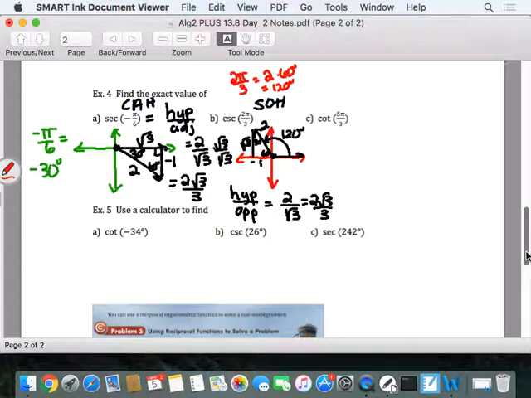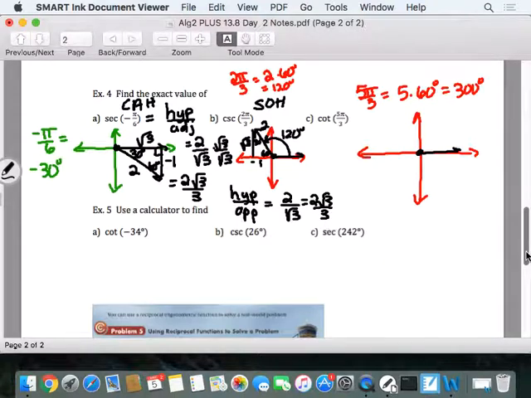All right, letter C. 5 pi over 3 is 5 sets of 60, so that's 300 degrees. Well, 300 degrees is in the fourth quadrant, and that is 60 degrees away. Across from 30 is 1, the hypotenuse is 2, and across from 60 is radical 3.